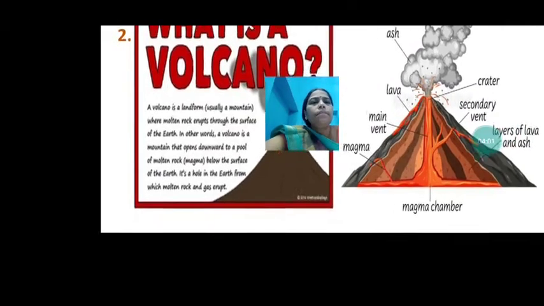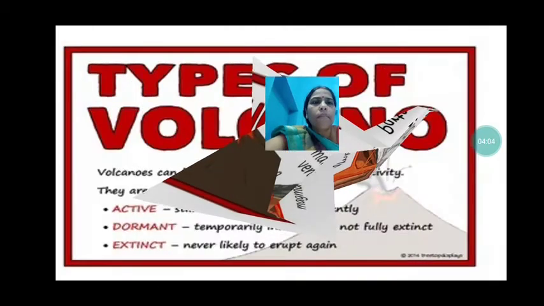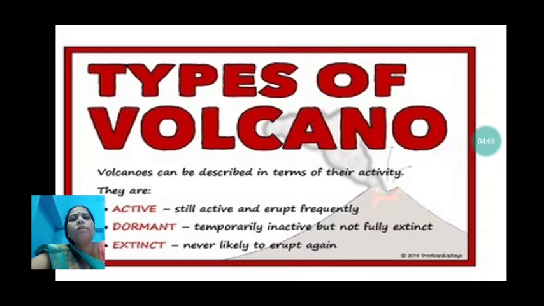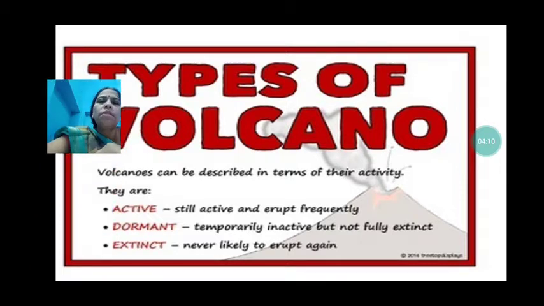Now let us know about how many types of volcanoes there are. Volcanoes can be classified mainly into three types: active volcano, dormant volcano, extinct volcano. What are active volcanoes? Active volcanoes are those volcanoes which are still active and they can erupt frequently.